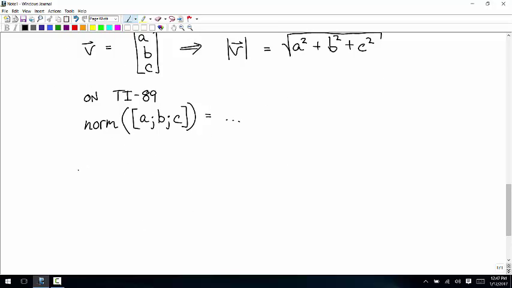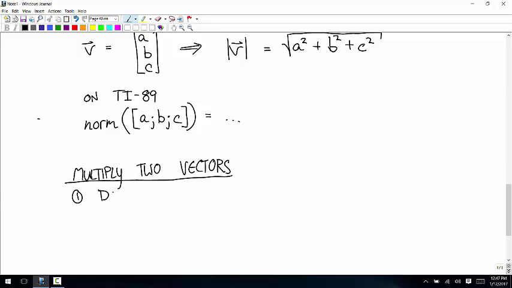And then there are 2 ways to multiply 2 vectors together. Anyone know the names of these 2 ways? Dot product, yep. And that's right, cross product. When you take a dot product, so you're multiplying 2 vectors together, what do you get out, a scalar or a vector?